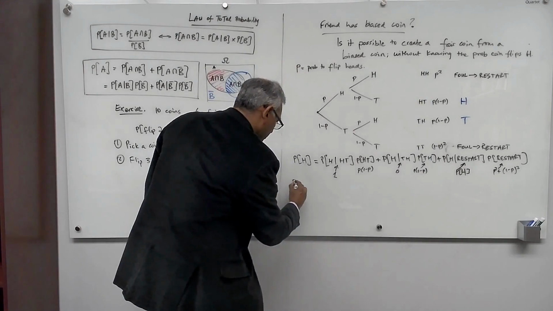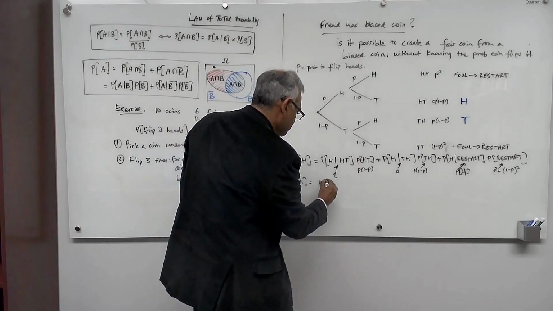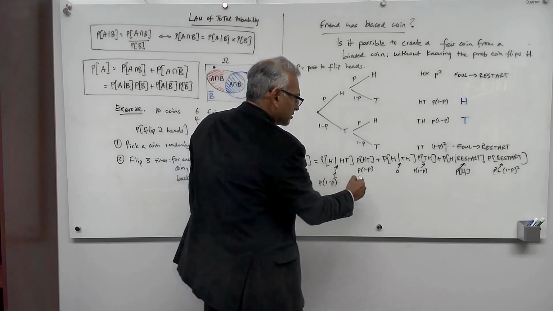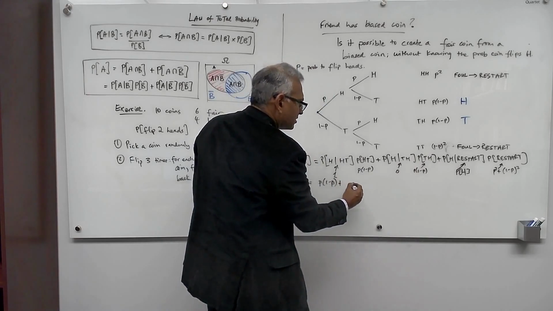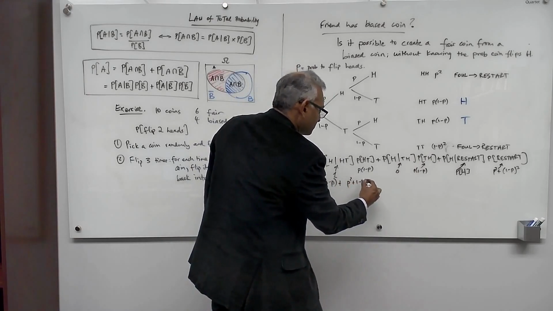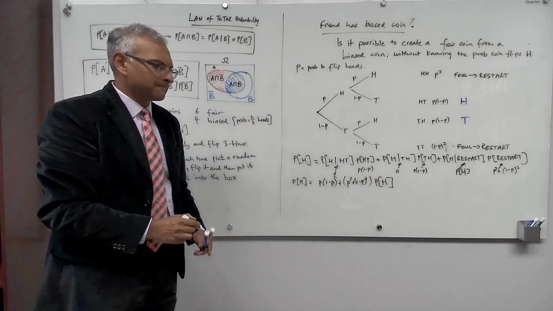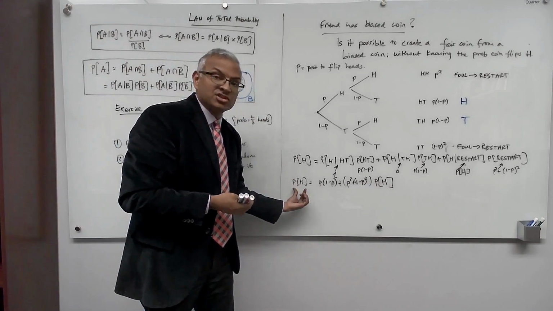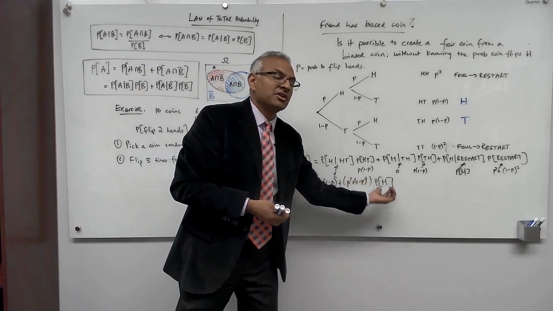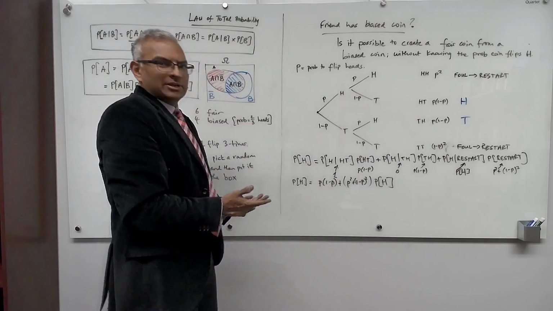We have that the probability of heads is equal to p times 1 minus p, times 1, plus 0 times something, which is 0, plus p squared plus 1 minus p squared times the probability of heads. Okay. So we actually didn't compute this. What we have done is we've gotten an equation for this guy in terms of itself. That's what the law of total probability allowed us to do. Okay, and we can solve this equation.